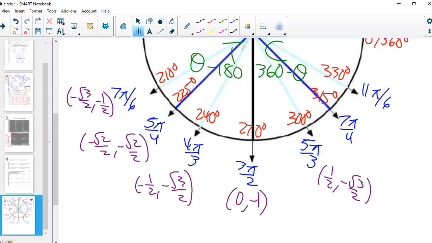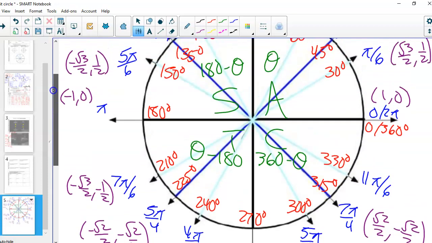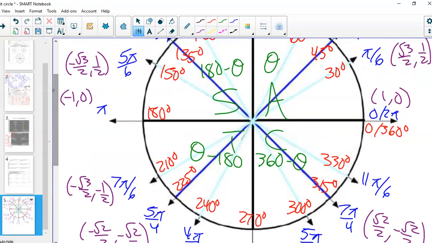So the 45 is root 2 over 2, but sine is negative. 360 minus 330 is 30. So that would be this ordered pair, but sine again is negative.